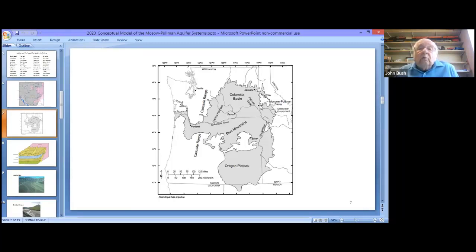We have some possible lake sediments in Moscow, but most of them are alluvial sediments, producing the fact that we have about 25 to 30% sands in our subsurface, and that differs a lot from the other areas around.